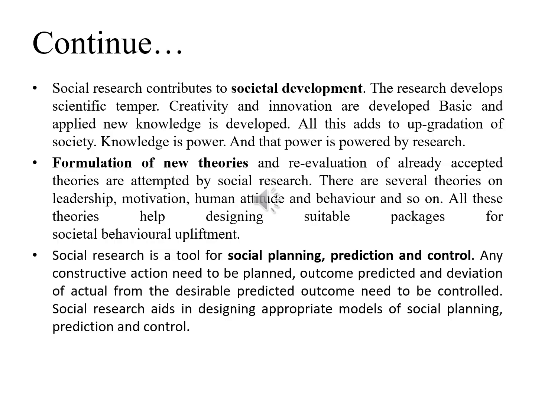The next significance of social research is all about social planning, prediction and social control. When we are talking about social planning and prediction, research helps in designing appropriate plans for our society.